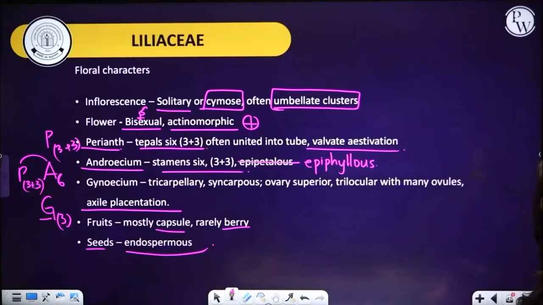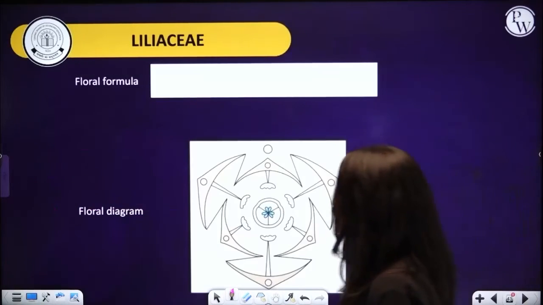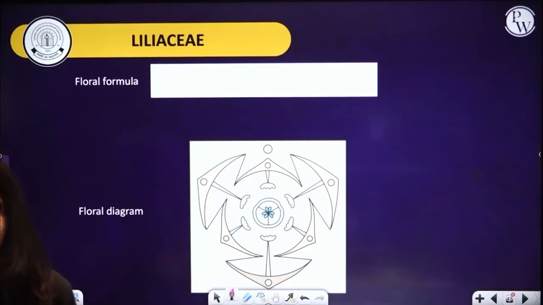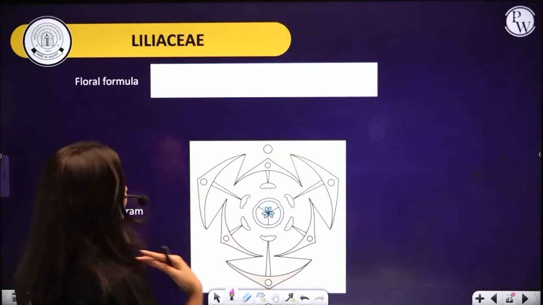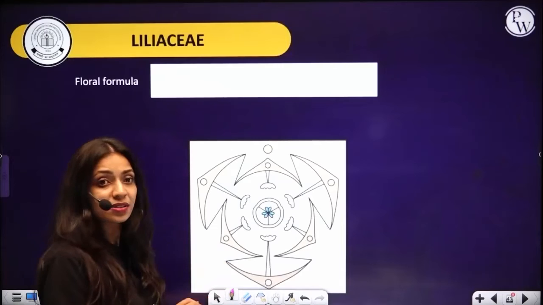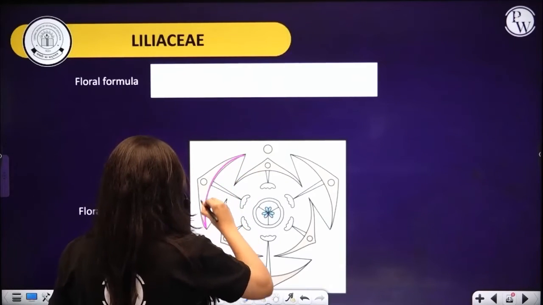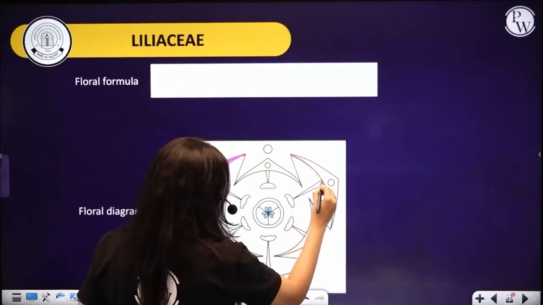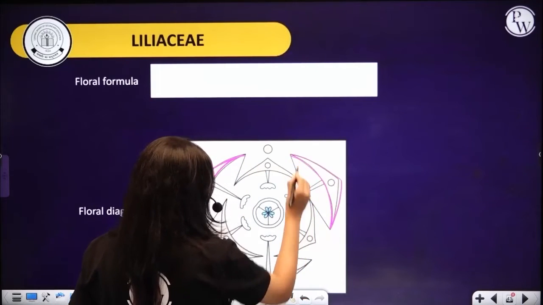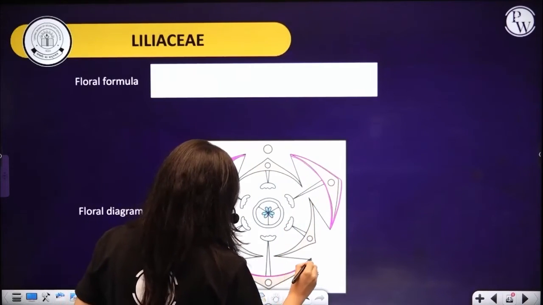Alright, so now let's look at the floral diagram and the floral formula. So over here, you can see that the tepals are arranged in 2 whorls. So this is the outer whorl, 1, 2, 3.